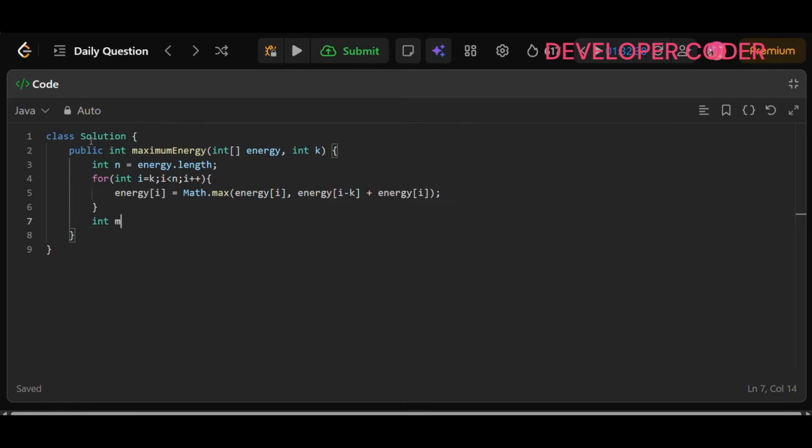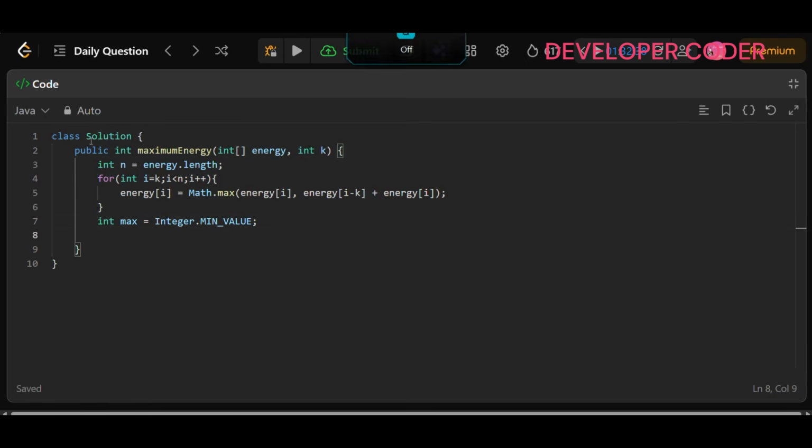So this is how you need to update the energy array, right? And once this is done, then in the end you have to just find out the max. So for the max, just store the Integer dot min value first, all right? And then after that you have to select the last k values, right? And you have to find out the max among them. So int i is equal to the last index, n minus 1, and I can say that my i value should be greater than n minus k minus 1, okay?